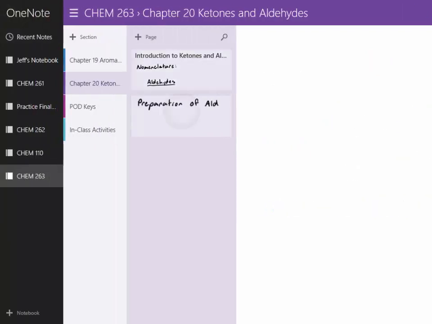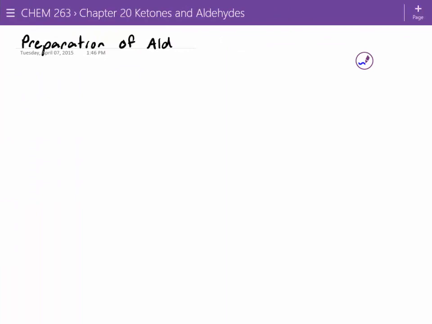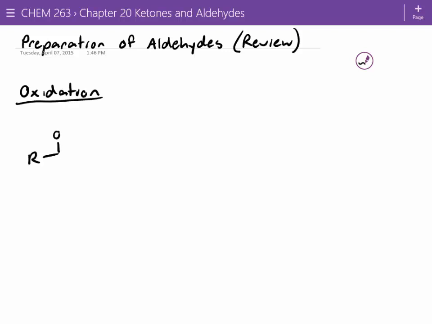Okay, so let's go into preparation of aldehydes, and we'll cover a lot of review here. The first way we know of making aldehydes is oxidation. If we start with an alcohol, specifically a primary alcohol, what reagent do we need in order to make an aldehyde?